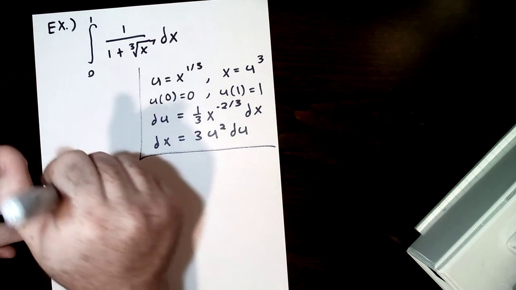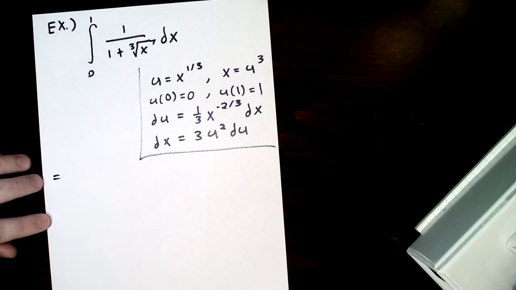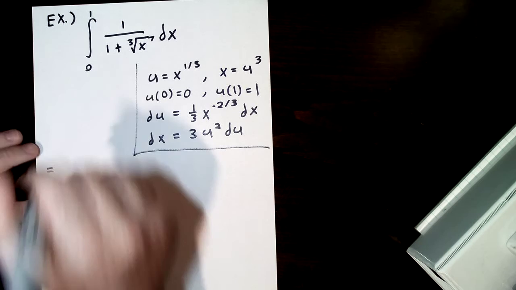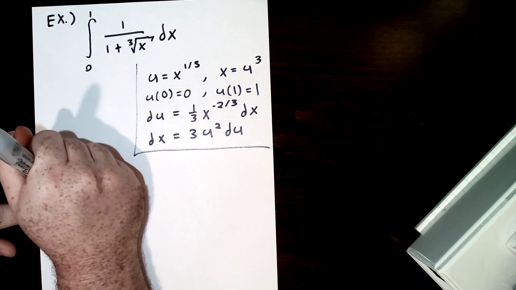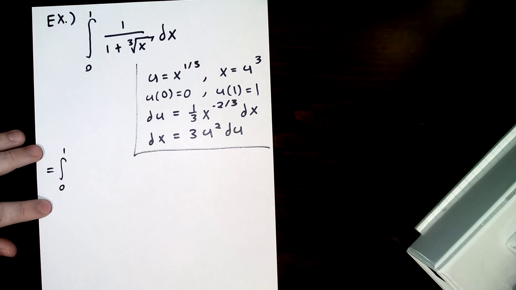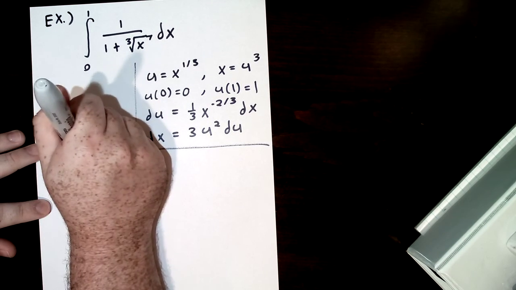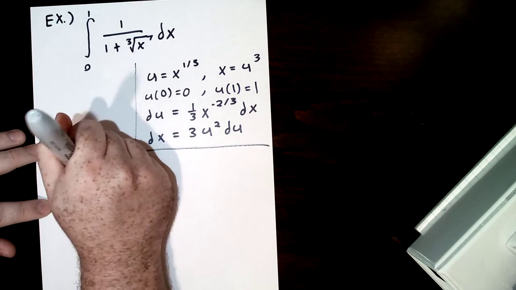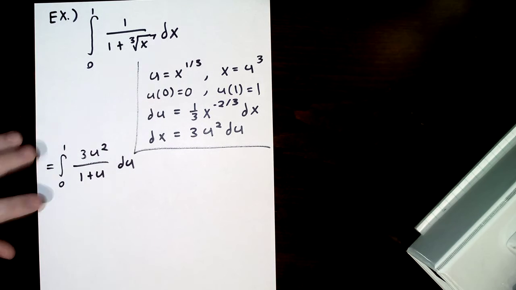So I'm going to set this integral equal to, well, our ranges of the integrand do not change, so we're going to have the integral of 0 to 1 of 3u squared all over 1 plus u du.